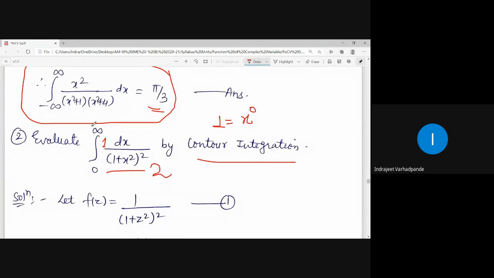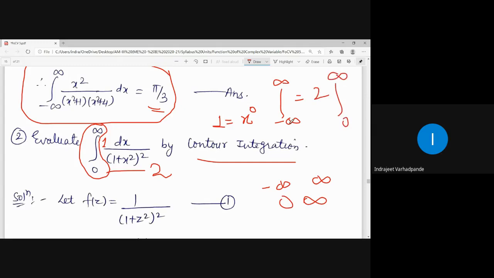But as I told you, the limits of integration should be minus infinity to infinity, but here it is 0 to infinity. So what is the property? Minus infinity to infinity is 2 times 0 to infinity, provided the function is an even function.